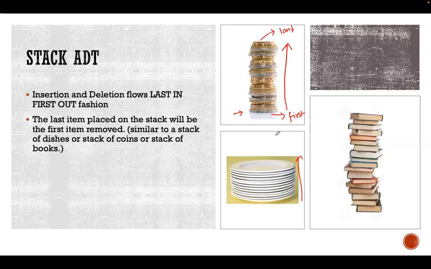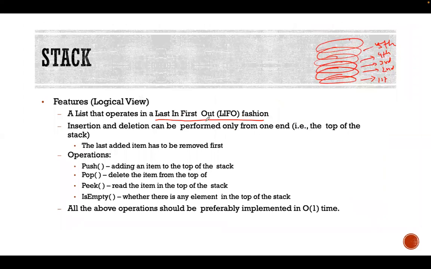Which item am I going to remove from the stack? I'm going to pick this item, the last one. I'm going to delete the last item. That's why this is known as last in, first out.